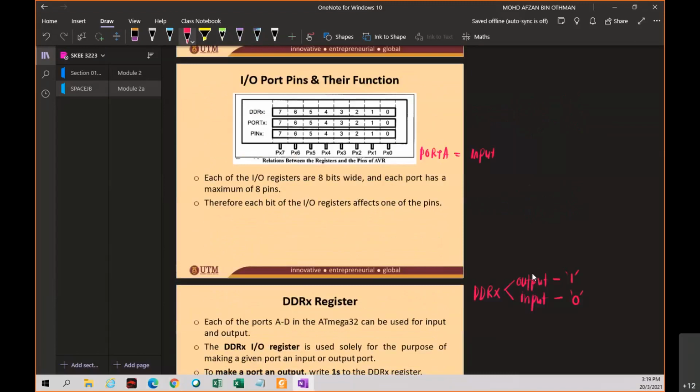So I need to put 0 dekat DDRA saya. Saya kena letak 0, 0, 0, 0, 0, 0, 0, 0. So automatically port A saya telah jadi input port.